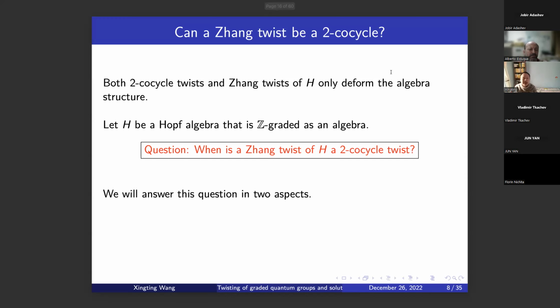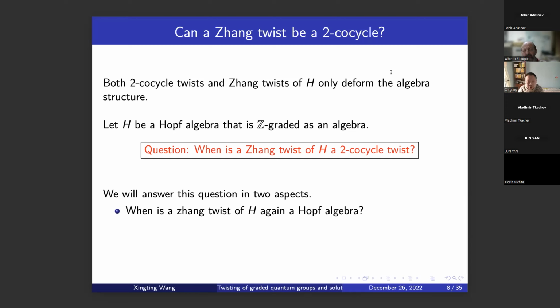Okay, and we're going to answer this question in two aspects. The first thing maybe everybody would like to ask is, we don't know if the Zhang twist of H is still a Hopf algebra, right? Because Zhang twist does not care about the coalgebra structure. So there is no guarantee that an arbitrary Zhang twist of a Z-graded Hopf algebra will naturally still have a Hopf structure.